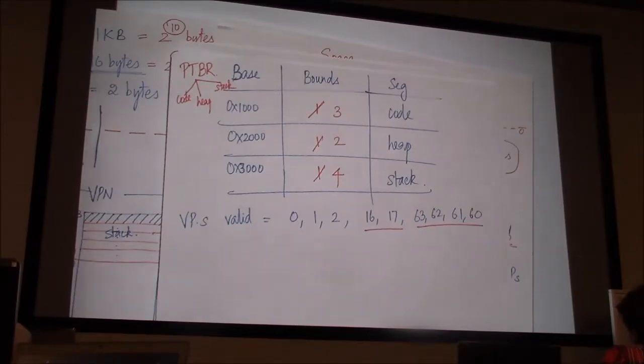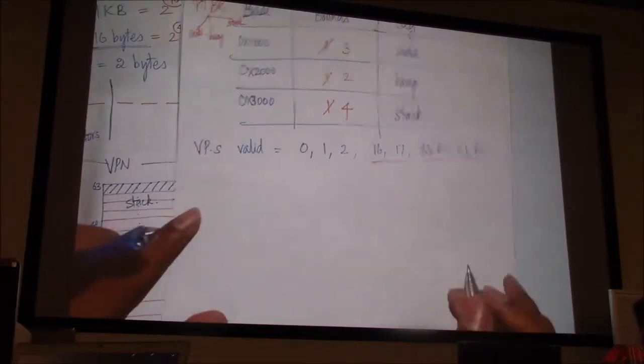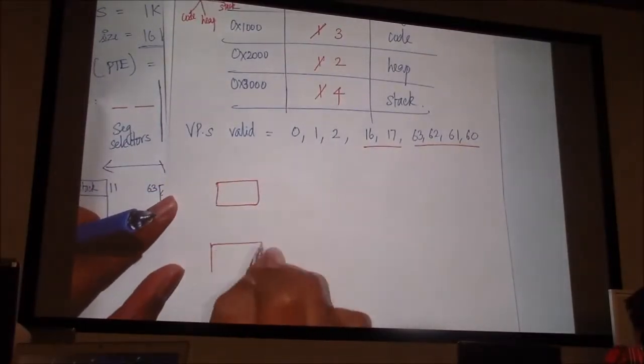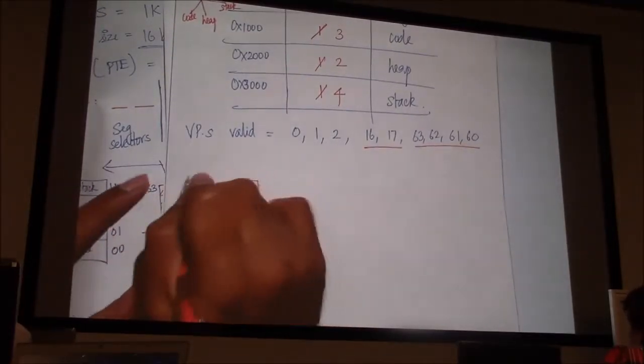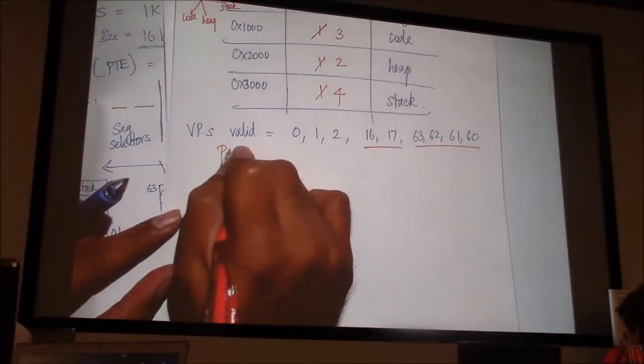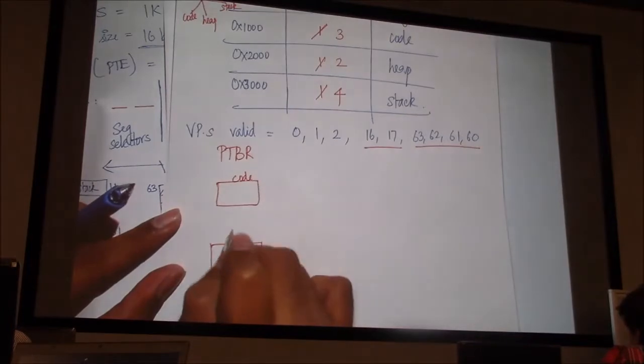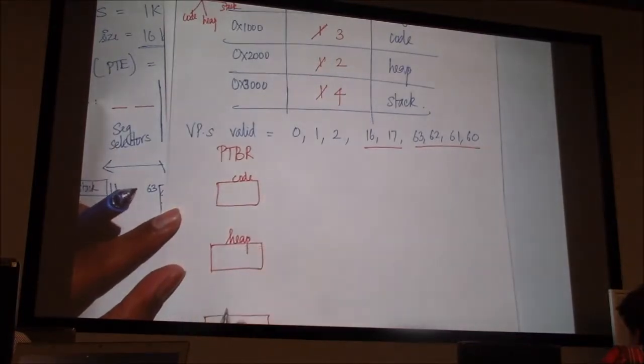But what it means really is we are having these 3. All these are page table base registers, and this is for the code, this is for the heap, and this is for the stack.